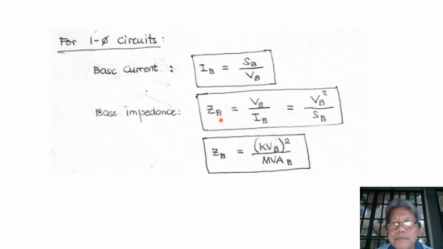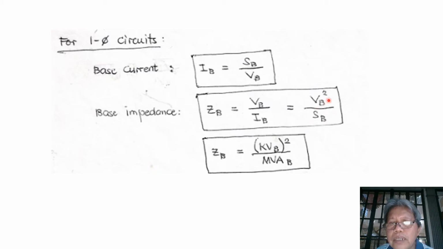And for our base impedance, Z sub B, impedance is voltage over current. So for the base impedance, we divide the base voltage by the base current. Since the base current is equal to SB over V sub B, substituting it here, we just have V sub B squared over SB.